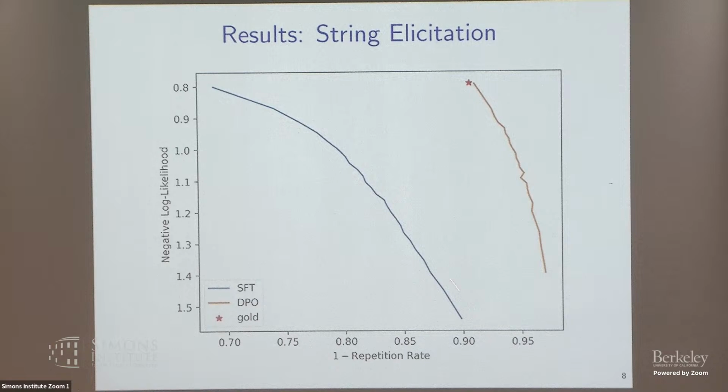The SFT model doesn't do super well. But the DPO model actually is equal. If you did best of k, I think this is best of 25 with the DPO model, then you actually match the gold suffix. So this is just a proof of concept that you can actually get this to work.